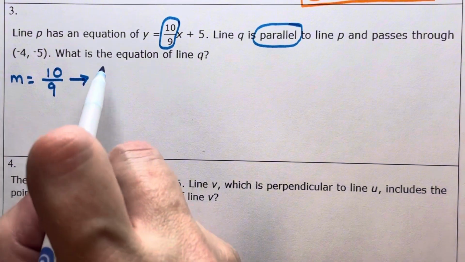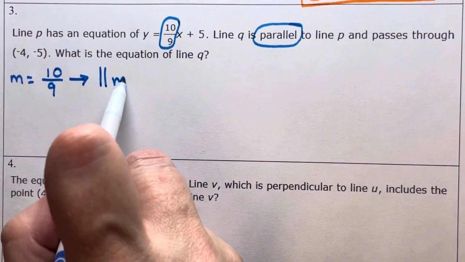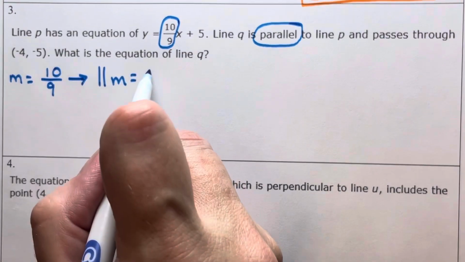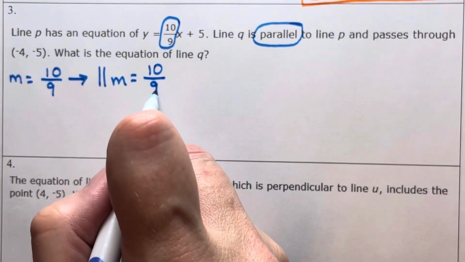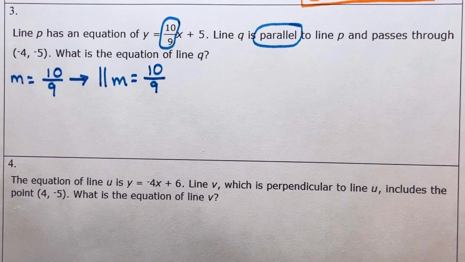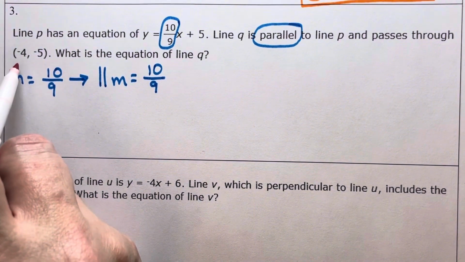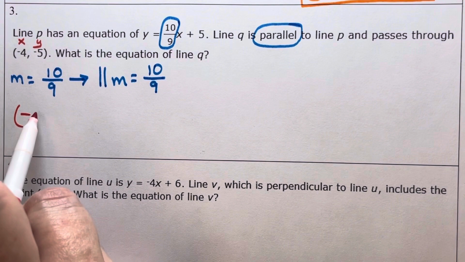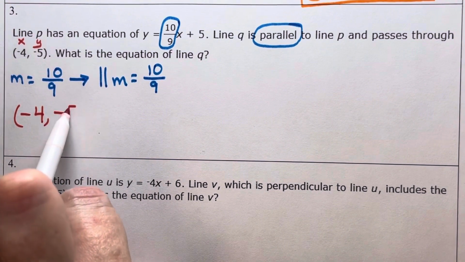The parallel line will have the exact same slope as the original line, as that is the definition of being parallel. All right. Now that we have that, let's see what else we have to work with. We know that we have a coordinate point with x and y values, where our coordinate point is -4, -5.